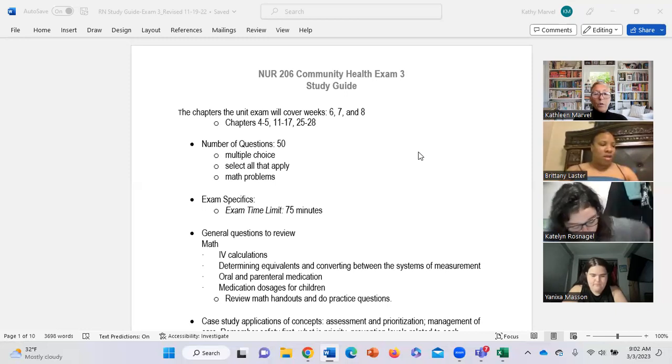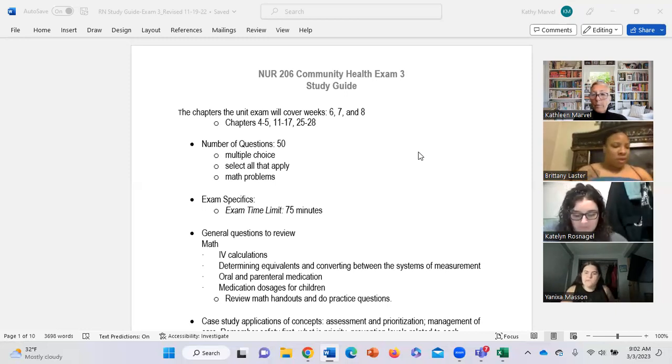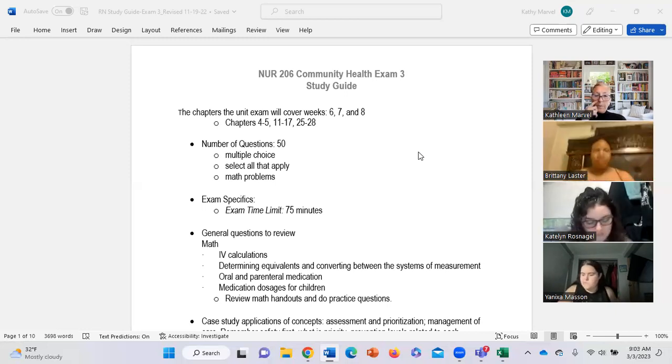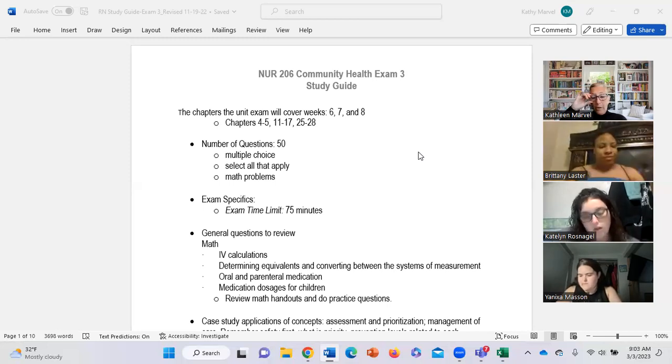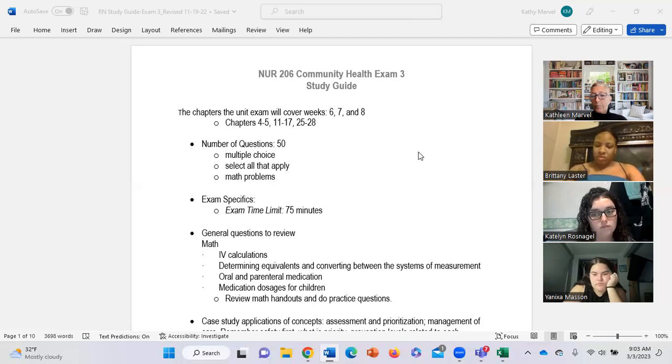Sorry. So there's quite a bit of chapters to be covered in this exam. However, as I tell my students, if you go through and read the objectives in each of the chapters you're responsible for, and you're able to articulate the objectives, you should do well on the exam, because we also do the exams based on the information from the objectives in each chapter.